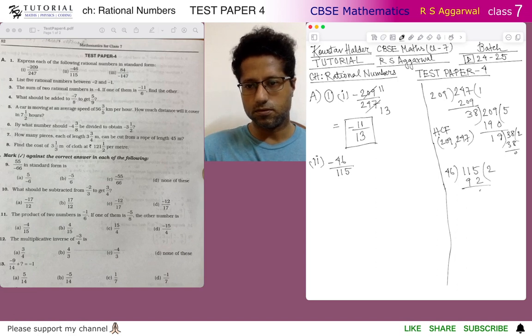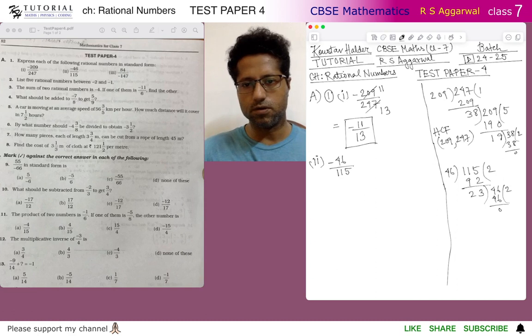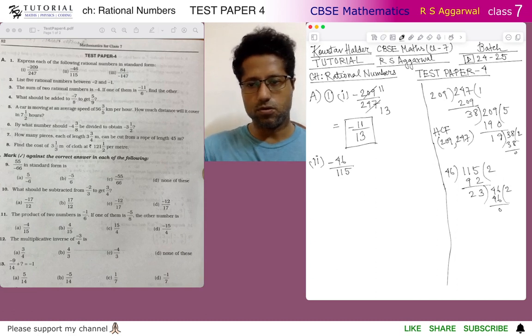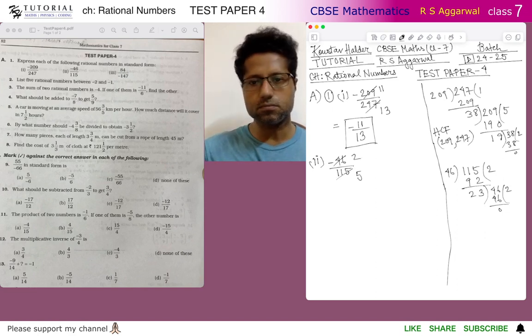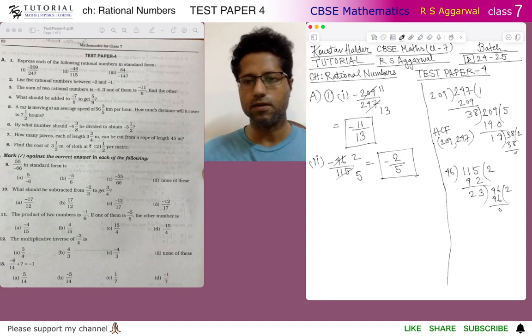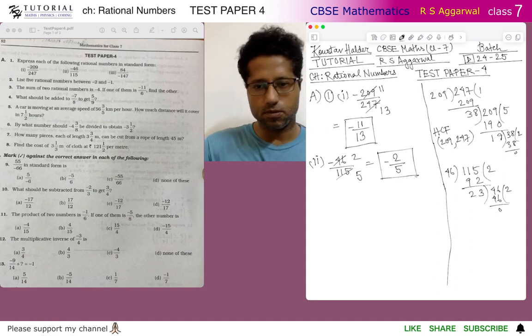So 23 is a common divisor. 23 will divide 46, which gives 2, and 115, which gives 5. So the answer is minus 2 by 5. This is the rational number minus 46 by 115 in standard form.